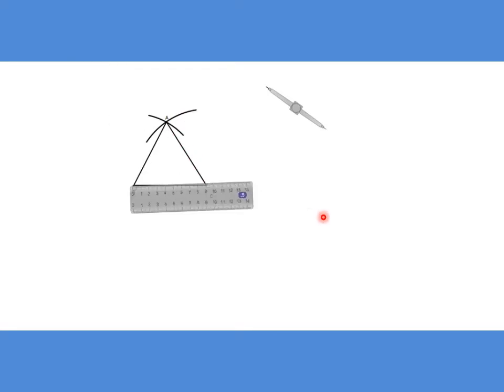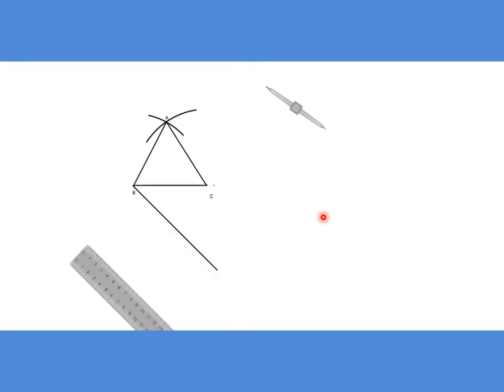Next, we draw a ray which makes an acute angle with BC through B. See here, this is the ray we are going to draw, making an acute angle with BC, and we are drawing this ray from B. Now we mark 3 points on this ray, because in our given fraction 2 by 3, 3 is the maximum.